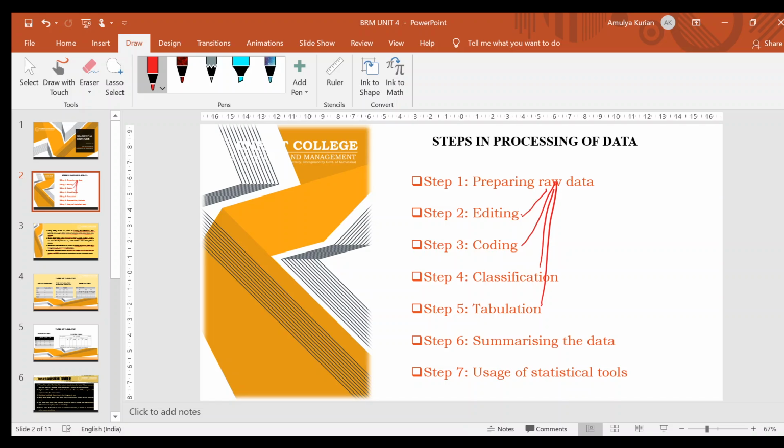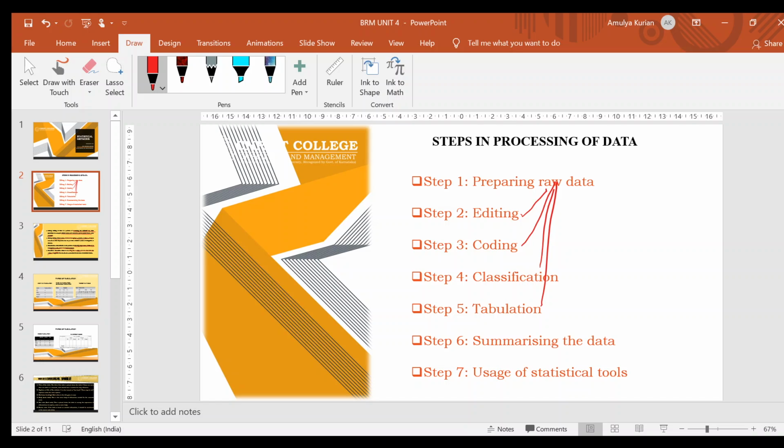What do you mean by editing? Editing is a process of examining the collected raw data to detect the errors and omissions and to correct these when possible. For example, in a questionnaire, certain questions for which you wanted certain answers may not be properly answered by many respondents.